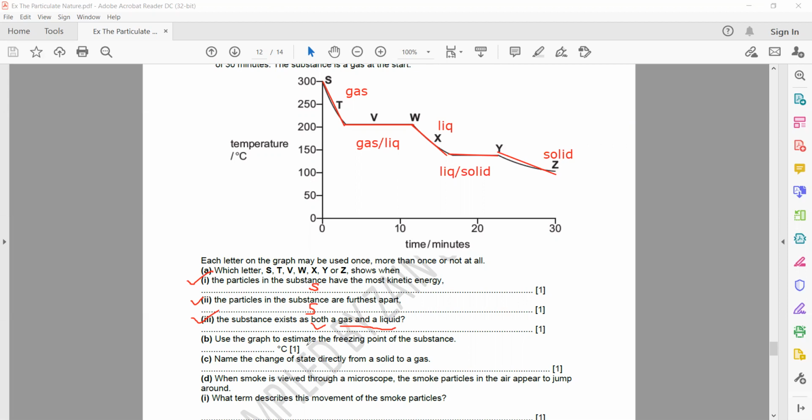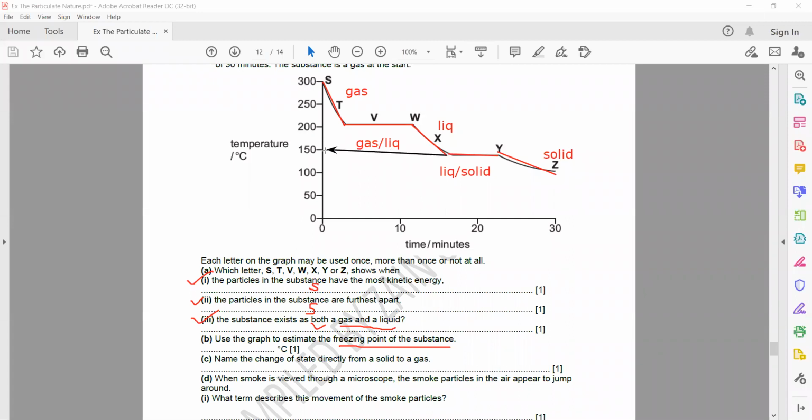Then use the graph to estimate the freezing point of the substance. What is the freezing point of the substance? The freezing point is when a liquid is turning into solid. So what you will do is draw a horizontal line.